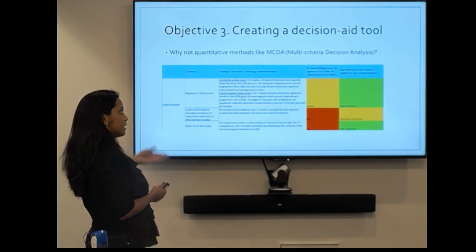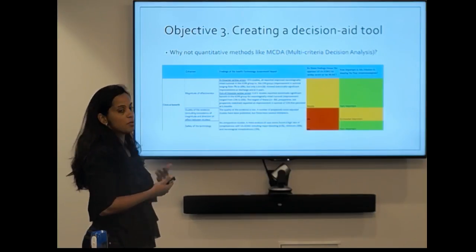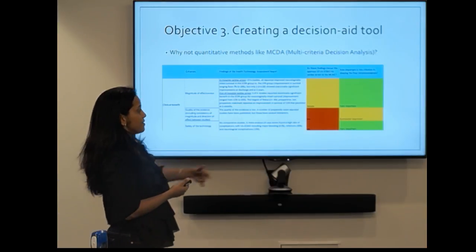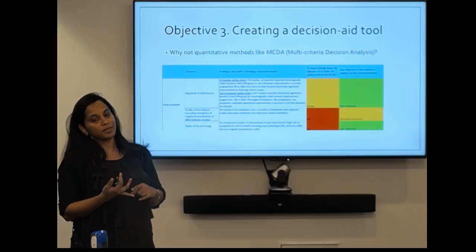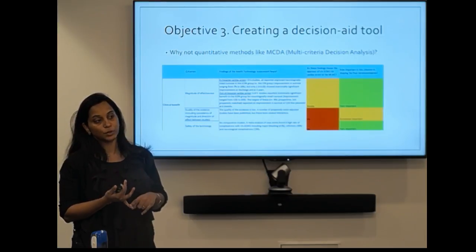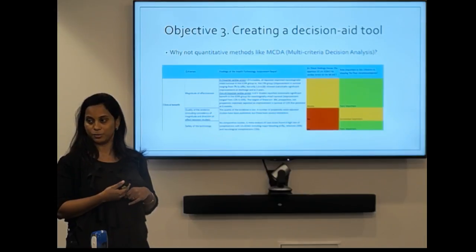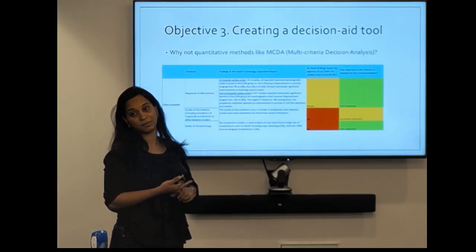Now, the reason we didn't go down that route was because we felt that it's hard to quantify subjective values, and further, all those weights are specific to the population. So if you're surveying patients, you're going to get different weights. If you're surveying clinicians, you're going to get different weights. And also it's context specific.